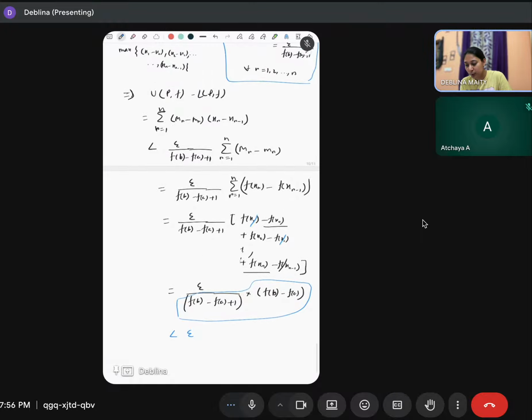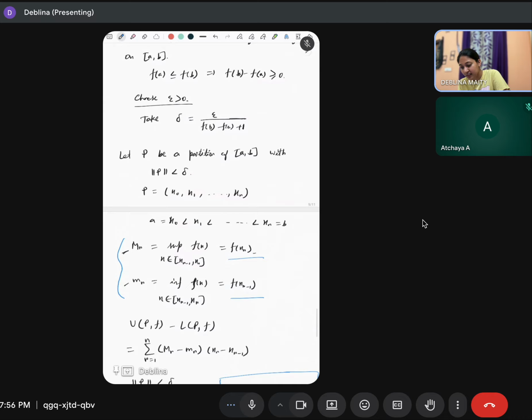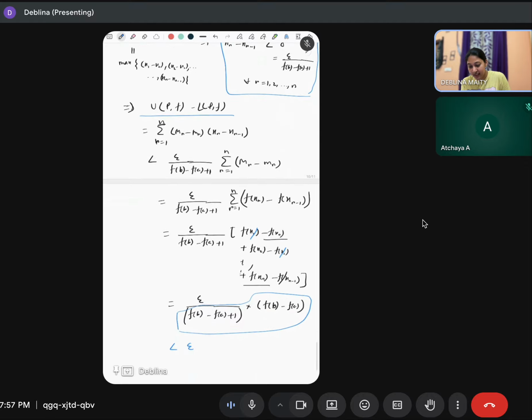So what we have proved is that first we have chosen an epsilon greater than 0, then depending on epsilon we have chosen our delta, and if P is a partition for which the norm is less than delta, then U(P,f) minus L(P,f) is less than epsilon.